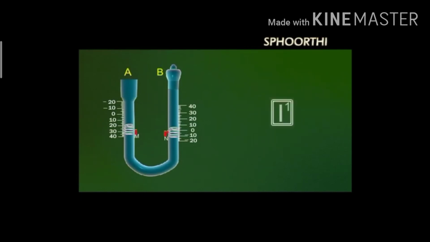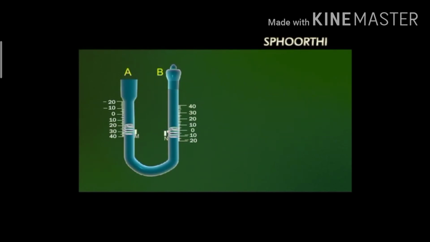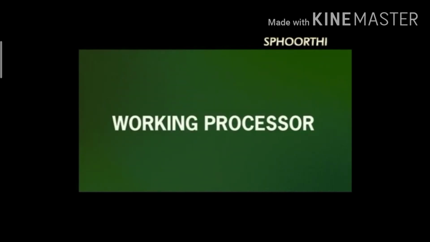Here we can observe that indices I1 and I2 are arranged just above the surface of the mercury on the limbs M and N, which consist of springs. These springs move under the pressure of mercury.